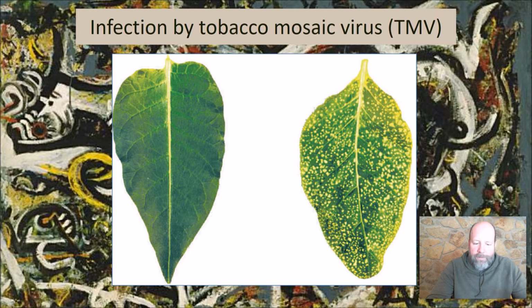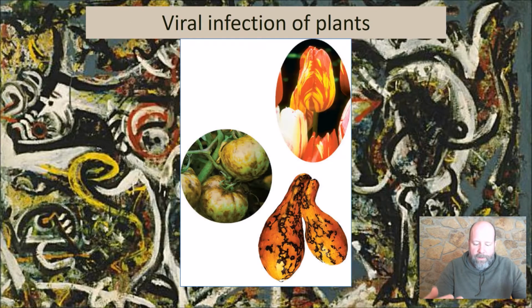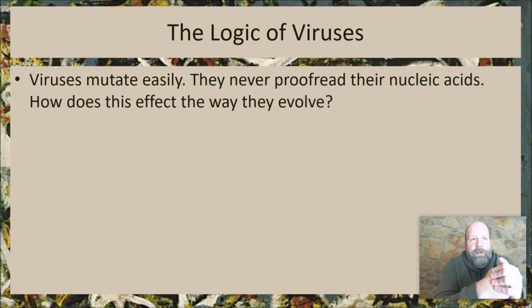But there are a lot of plants that we cultivate that we deliberately have infected with viruses because they make interesting color patterns. This is not a positive thing. If your tomatoes look like that, that's problematic. But some lovely tulips.